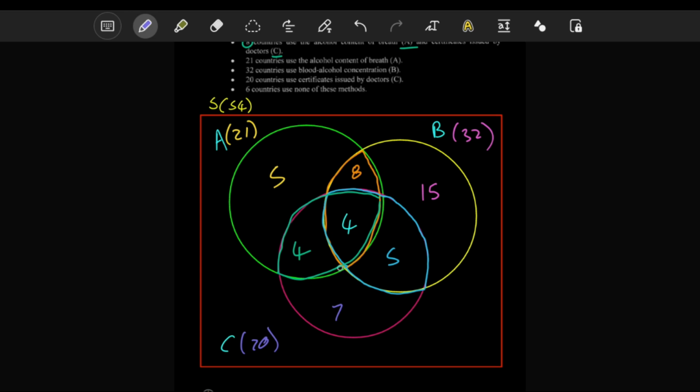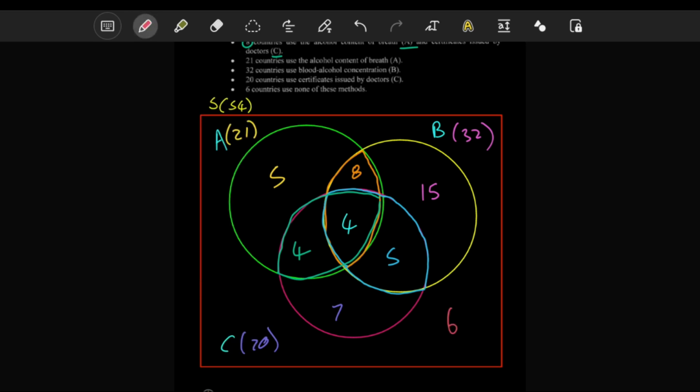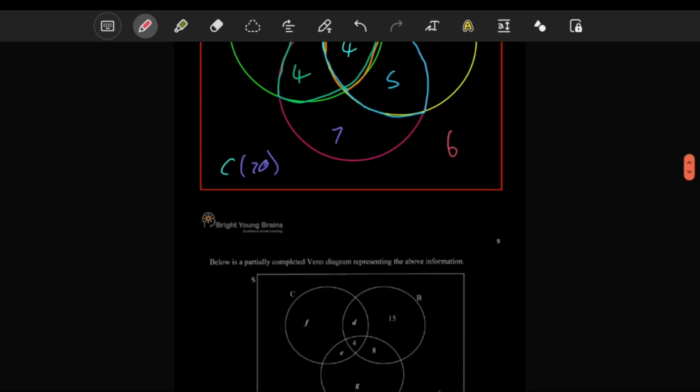That number out here plus all these here should add up to 54. So let's put that number out here by saying 54 minus all these numbers here. That's giving us 6. So the number that has to go out here is a 6. There you go. See, everything here is going to add up to 54. So you've drawn your Venn diagram.